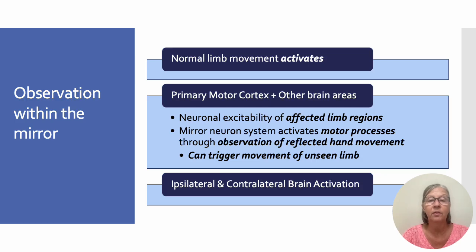And that stimulates neuronal excitability, both within affected limb regions and throughout the brain. So this whole mirror neuron system is activating motor processes through observation of that reflected hand movement. And this can trigger movement of the unseen limb. So essentially, we have ipsilateral and contralateral brain activation. This is very important for recovery from stroke.